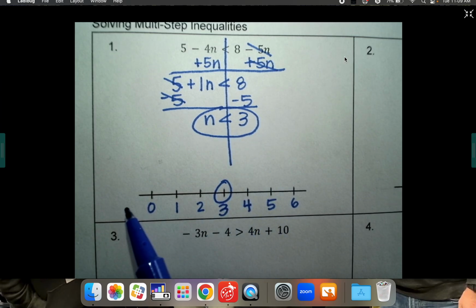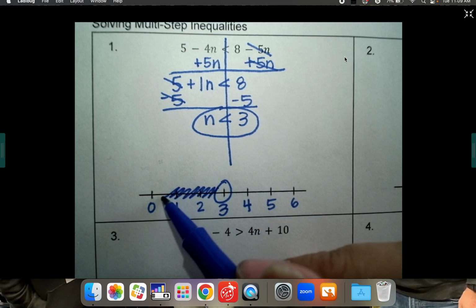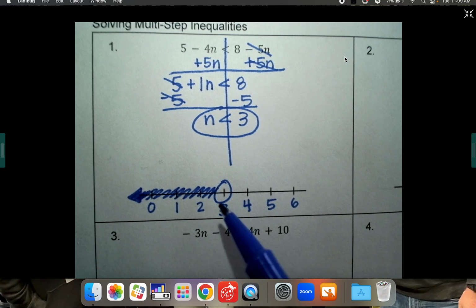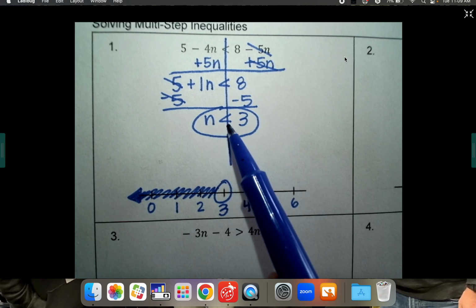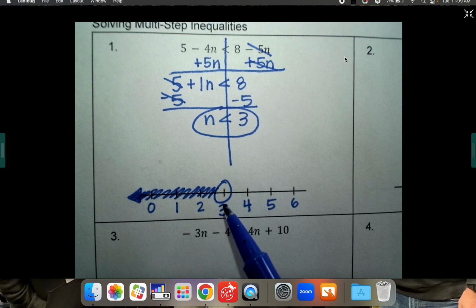So if it's less than 3, it's going to be to the left of 3. These are all the numbers less than 3. And let's go ahead and put an arrow at the end showing this would continue to go forever. And then we do not fill in the bubble because n is only less than 3. It's not "or equal to." So if it's not equal to 3, we're not going to shade in 3.